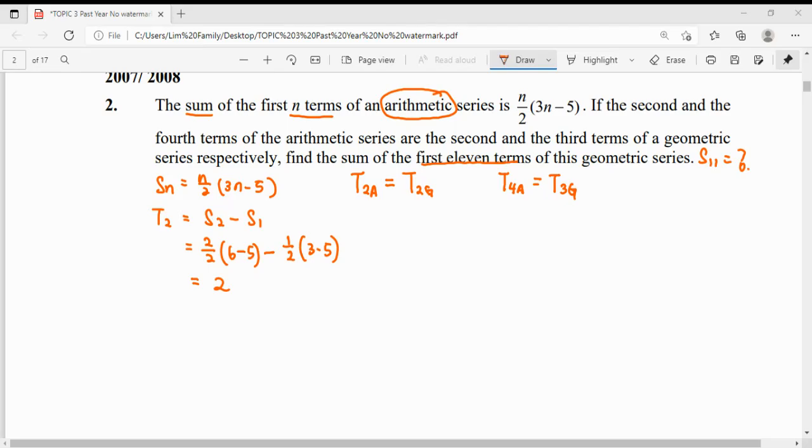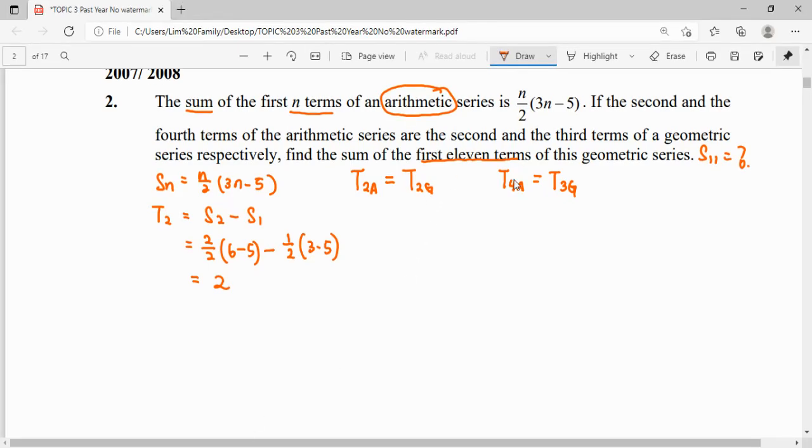And we continue to find what our T4 is from our arithmetic series. So when we want to find the fourth term, n is equal to 4 here. So 4 over 2, 4 times 3, minus S3. If you want to find T4, it is equal to S4 minus S3.